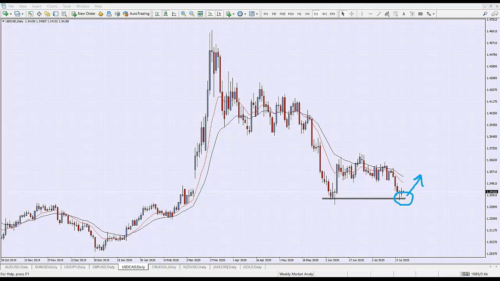At the moment it has not set up, and I don't think it will, because the current candles that are there don't support it. So it looks more likely that it's going to push up a little bit. Then let's look for the reversal there and then try and trade back down. Okay, all right, that's my USCAD.